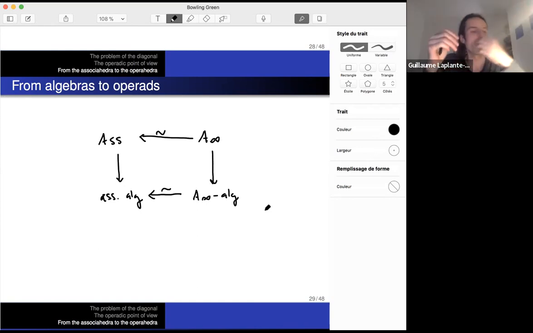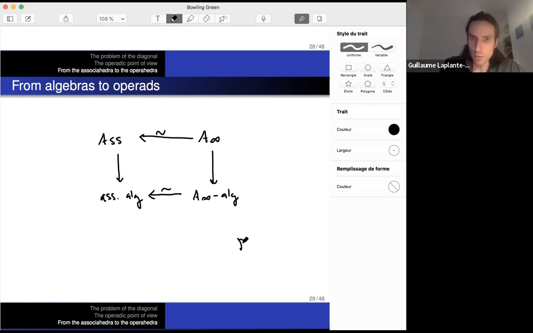And now you can look at associative algebras in an orthogonal way. You can see them as algebras over the associative operad, but you can also see them as operads concentrated in arity 1.